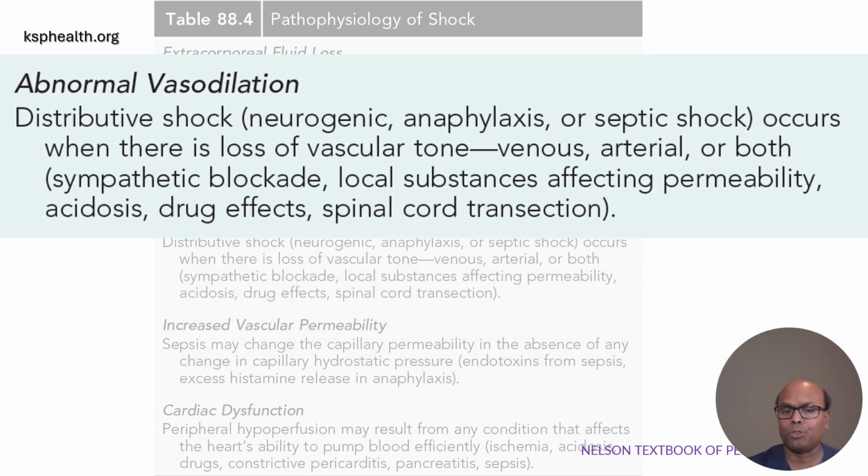Third, abnormal vasodilation, often seen in patients with distributive shock like neurogenic, anaphylaxis, and septic shock. There is loss of vascular tone, venous, arterial, or both, because of sympathetic blockade, local substances affecting permeability, acidosis, drug effects, and spinal cord transection.